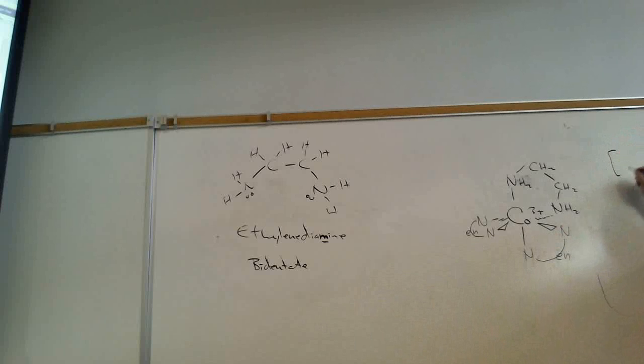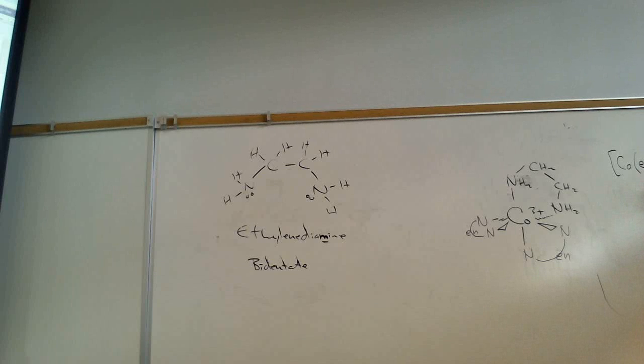To write the formula, we always write what first, the metal or the ligand? The metal. So the metal, which is cobalt 3, and then we write the ligand. Now for the ligand, we have an option: we could use the shorthand way, which is en, 3 plus. Each ethylene diamine is neutral.